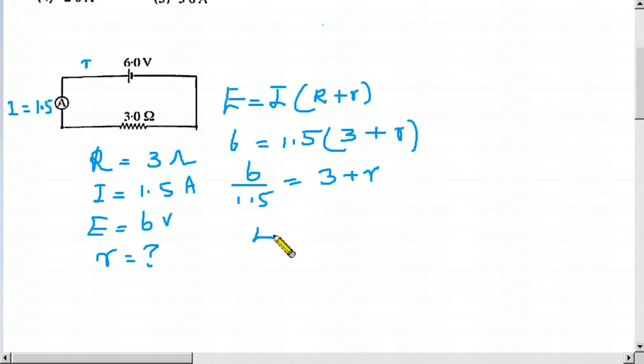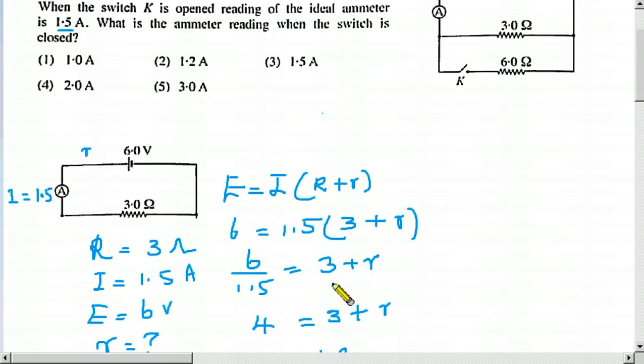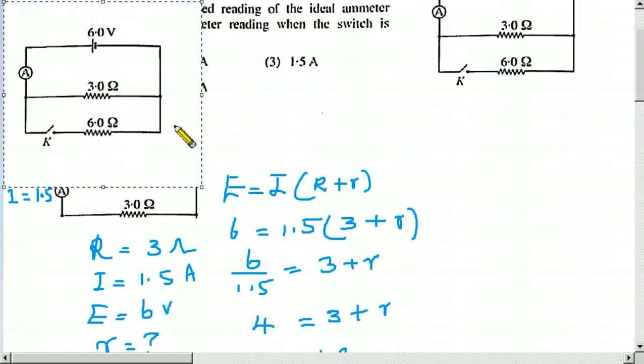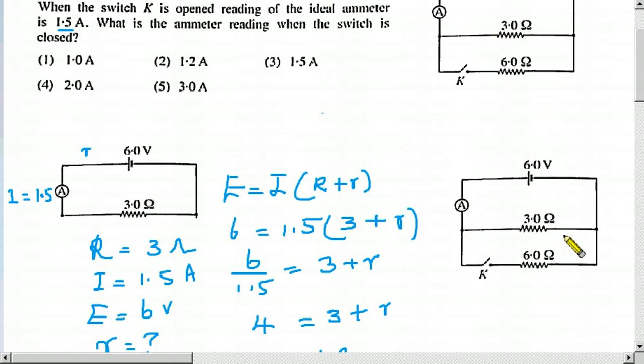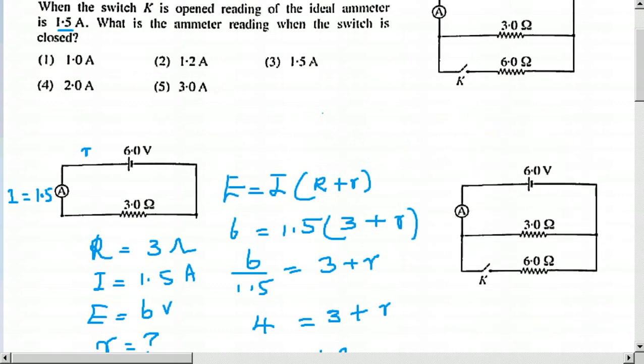So 4 equals 3 plus r. Then r equals 4 minus 3, which is 1 ohm. So it has an internal resistance. Now let us use it. Here we can write r equals 1.